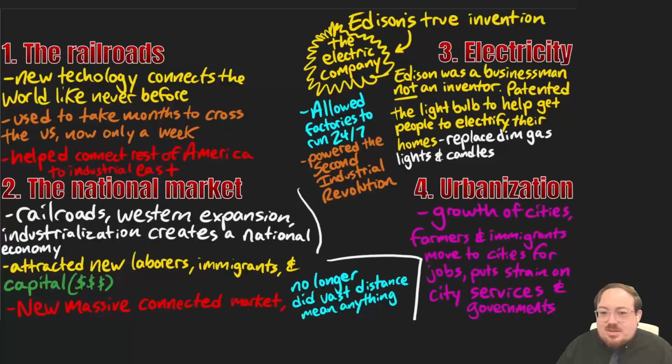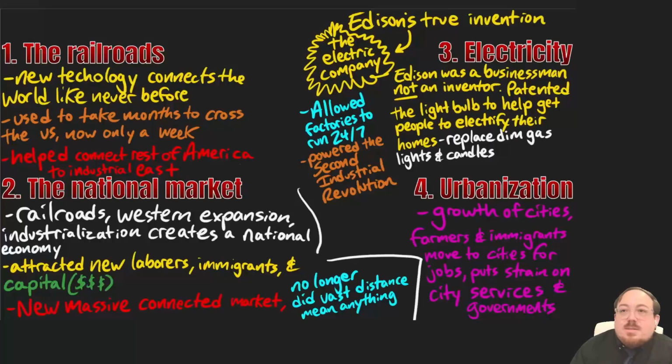Vast distance no longer necessarily means as much as it used to, as you now have laborers, capital, and resources able to come from all over the country, all over the world, and move with great speed and efficiency. So the United States will become much more interconnected, much more industrial and advanced. We'll have more and more people moving to the country, and with that, the growth of the economy.